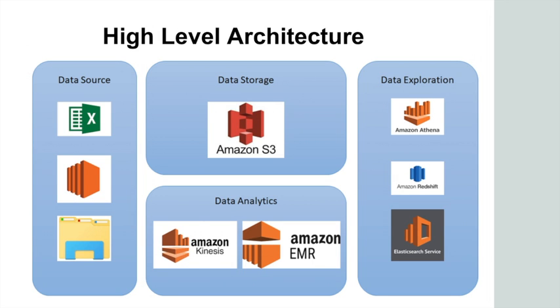Now here comes the high-level architecture. Firstly, we divide it into four parts. One part is the data source. We want to get our data from sources such as the EC2 log server or other files, all kinds of data. Then we need to have data storage, and Amazon S3 can do this part.